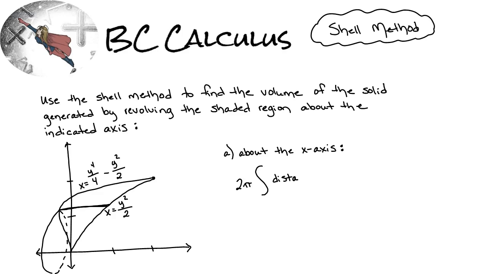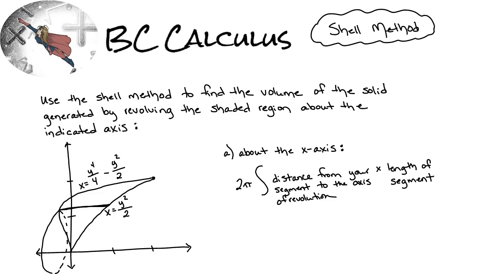This is not how it would be written in a book, but the distance from your segment to the axis of revolution, and then you're going to multiply that by the length of the segment, and that's it.